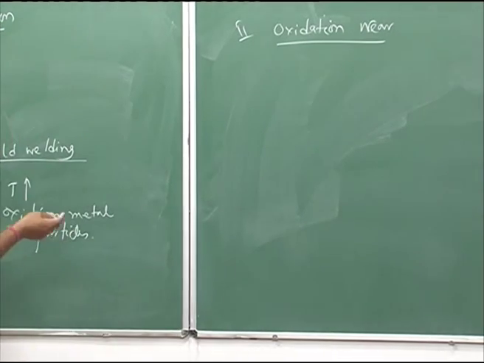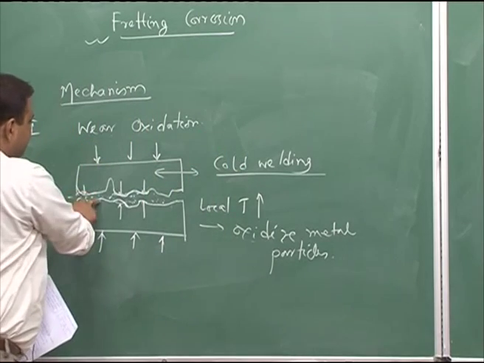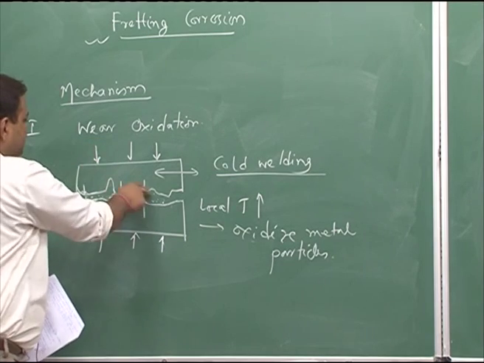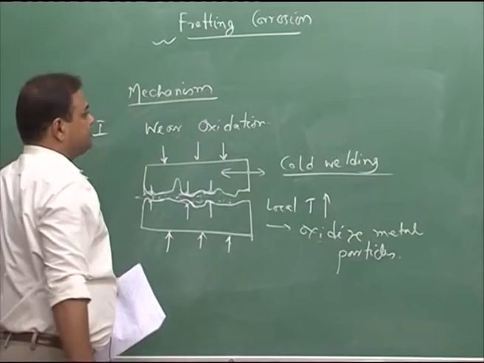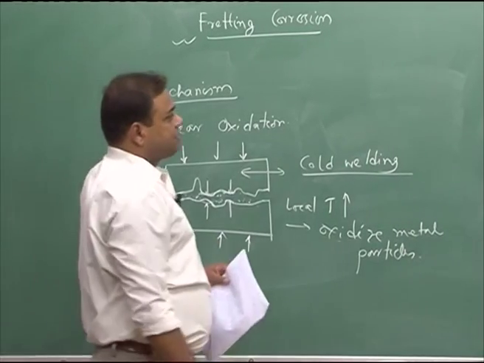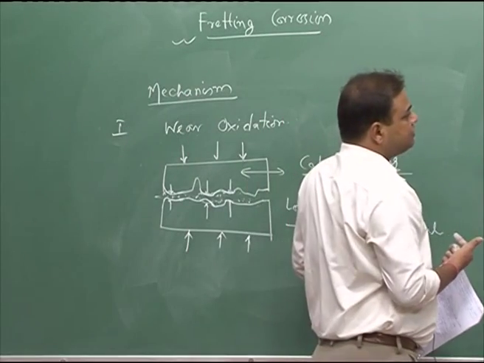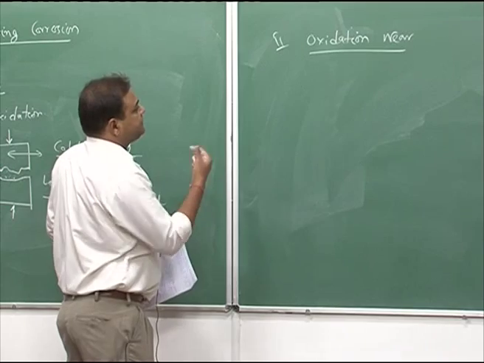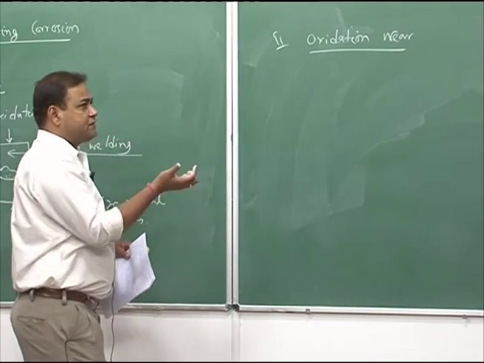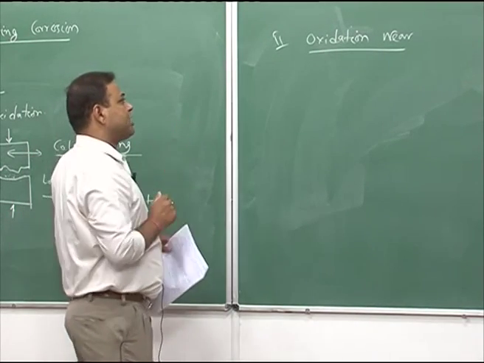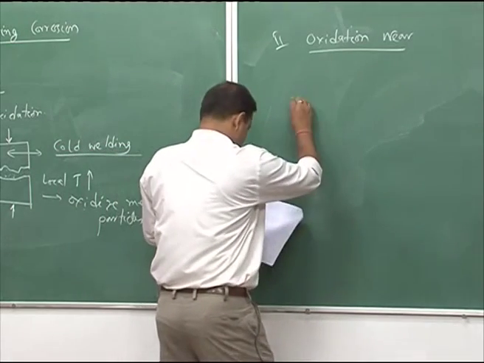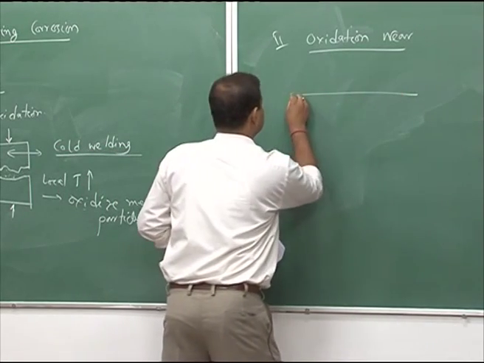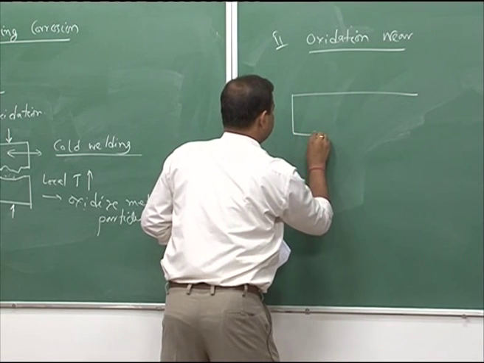Now, here the wear is happening, and then due to this fretting effect, the oxidation happens in the next stage, but here there is already an oxide layer. So, the wear effect is actually removing that oxide layer, and the fresh metal surface is exposed to the environment, and that would get oxidized. So, here let us say the surface is like this, it is already oxidized.